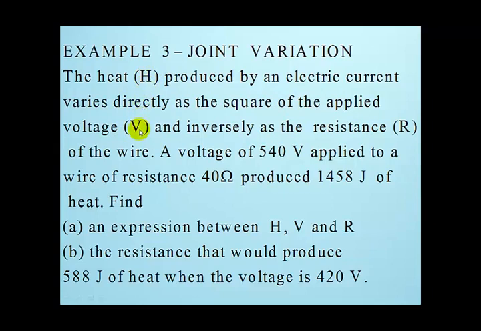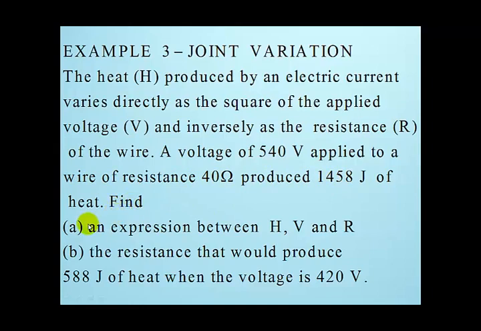Now let's continue, and inversely as the resistance R. So there is an inverse variation between the heat and the resistance R of the wire. Now let's continue. A voltage of 540 volts applied to a wire of resistance 40 ohms produces 1458 joules of heat.